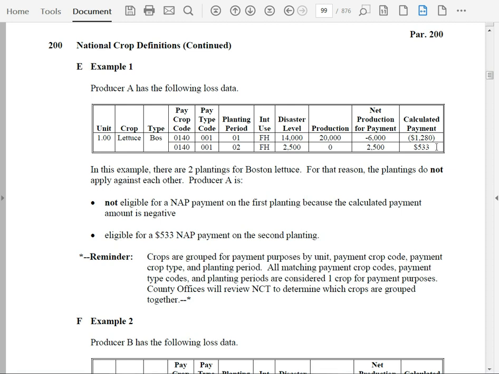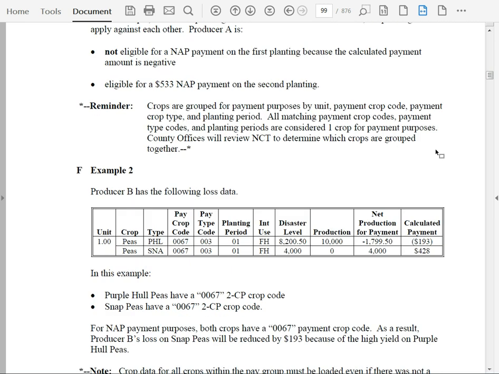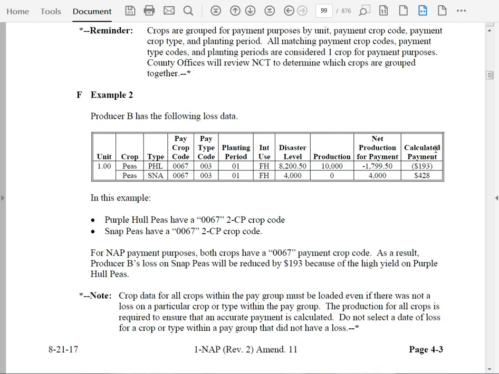Then, in planting period 2, we see a positive value calculated as $533. Because of the different planting periods, we consider these entries as being separate crops and independent from one another for loss calculations. Conversely, in the second example, we see that the crops are in the same paid crop, pay type, and planting period. In this case, the payment for $428 would be reduced by $193.